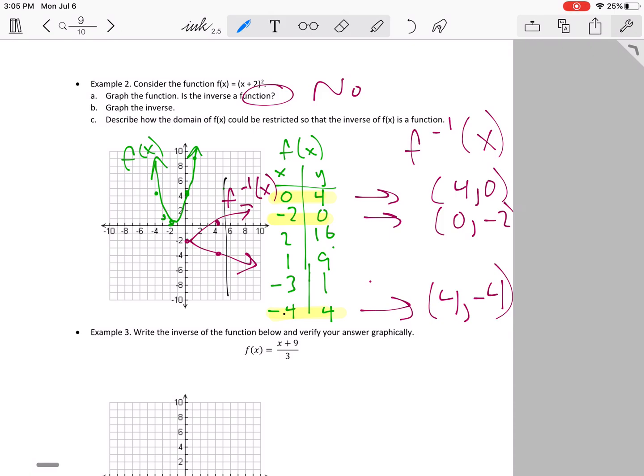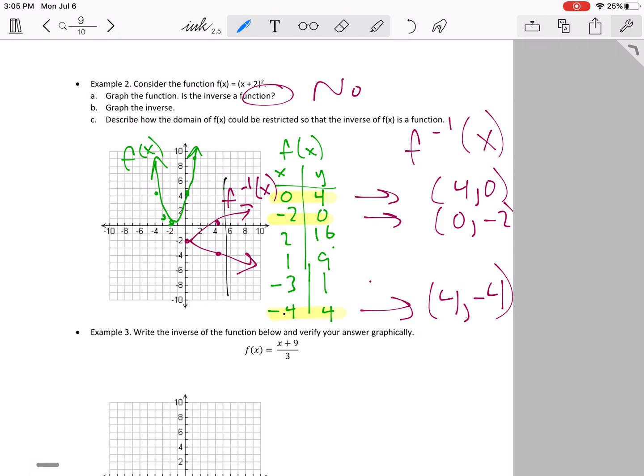We graph the inverse. Describe how the domain of f(x) could be restricted so that the inverse is a function. So basically, what question C is saying is that in order for the inverse to be a function, you either have to keep only the top part of the parabola or the bottom part.